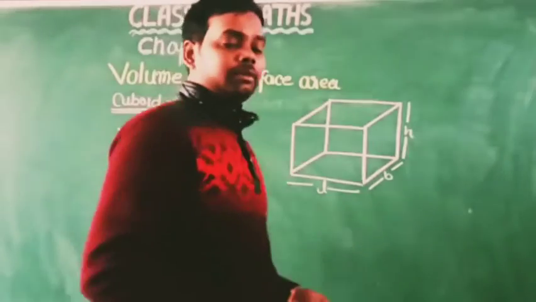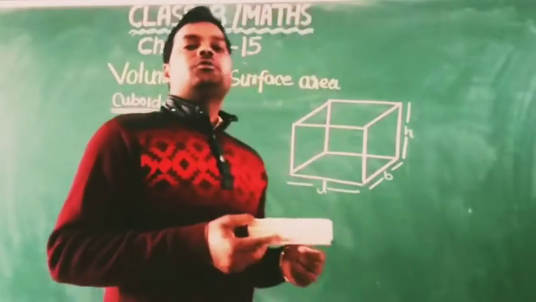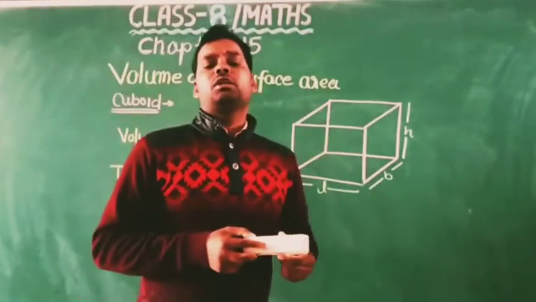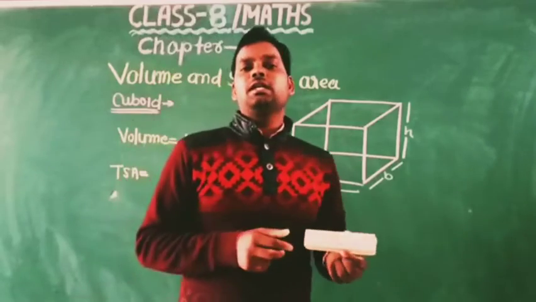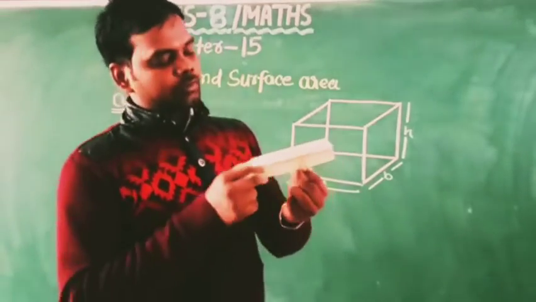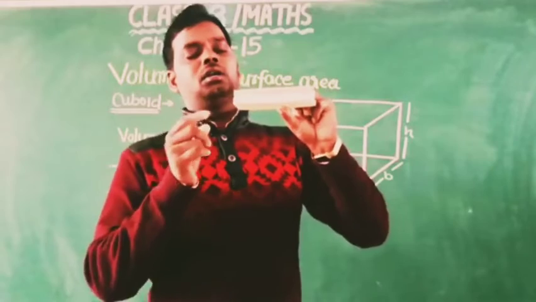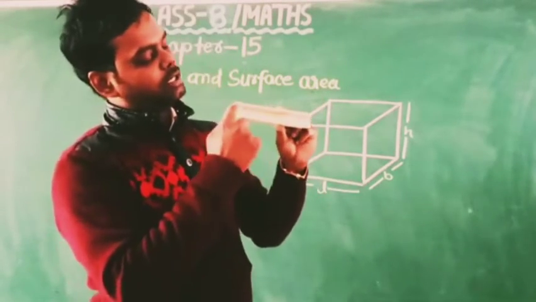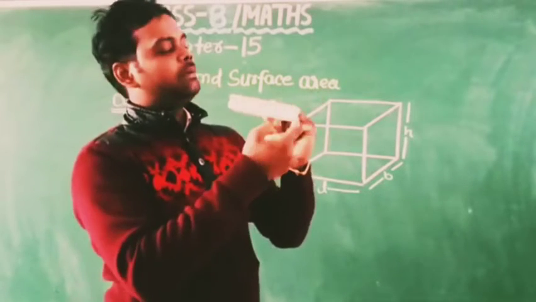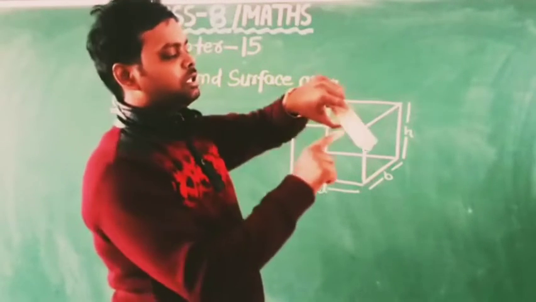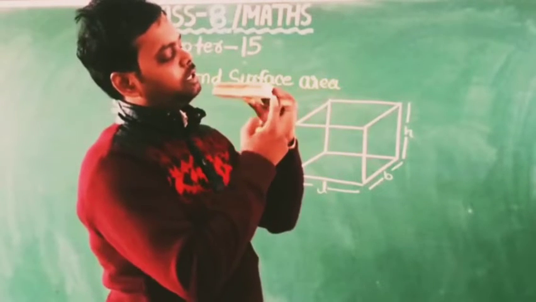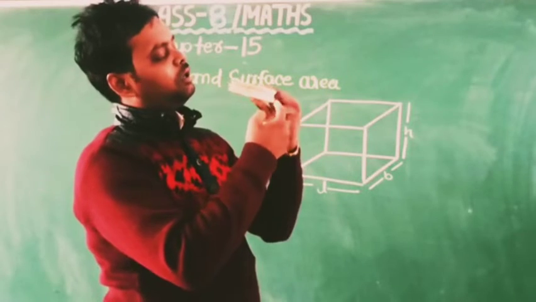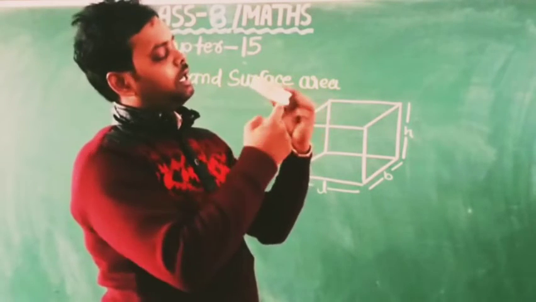So dear children, as we explained recently, a cuboid is bounded by 6 rectangular faces and opposite faces are equal. So suppose this is a cuboid. Here length is L, then this also is L, and same on the back side. And this side is suppose B, and this is height, and this is breadth.